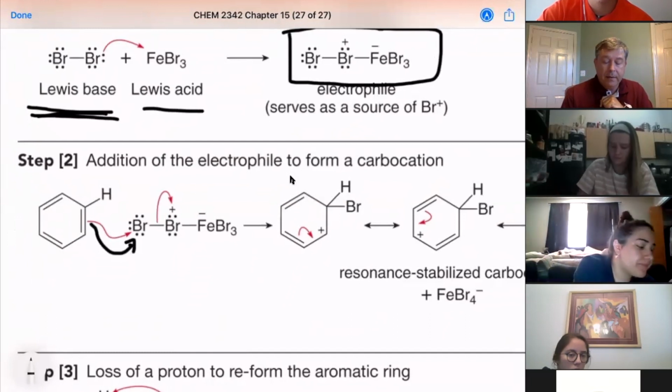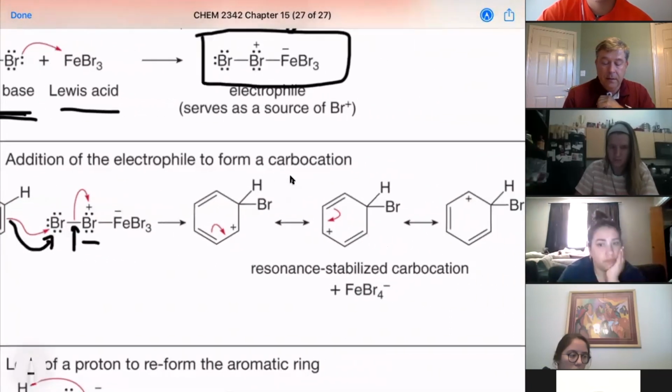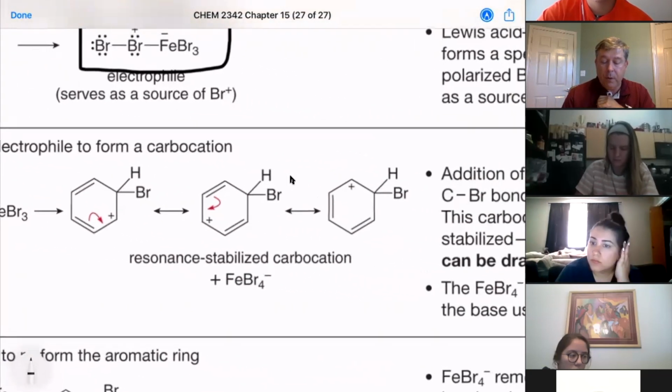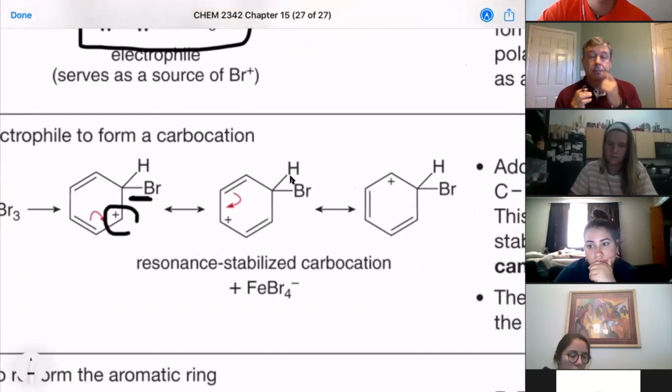When it does that, the bromine that has the positive charge takes the electrons that it's bound to and pulls them back in, and then we end up with a charged complex of FeBr4-. Now, the other thing we get from that is this addition product, or this carbocation and our new sigma bond to bromine.